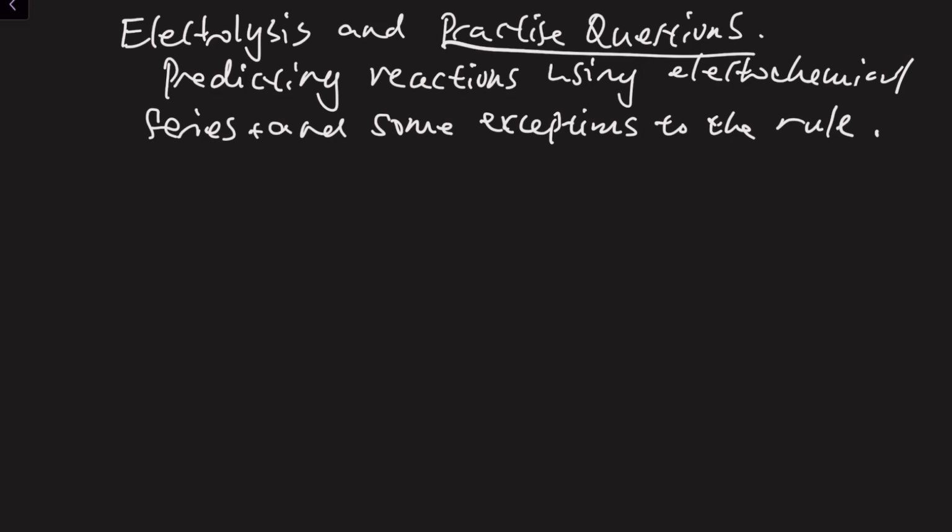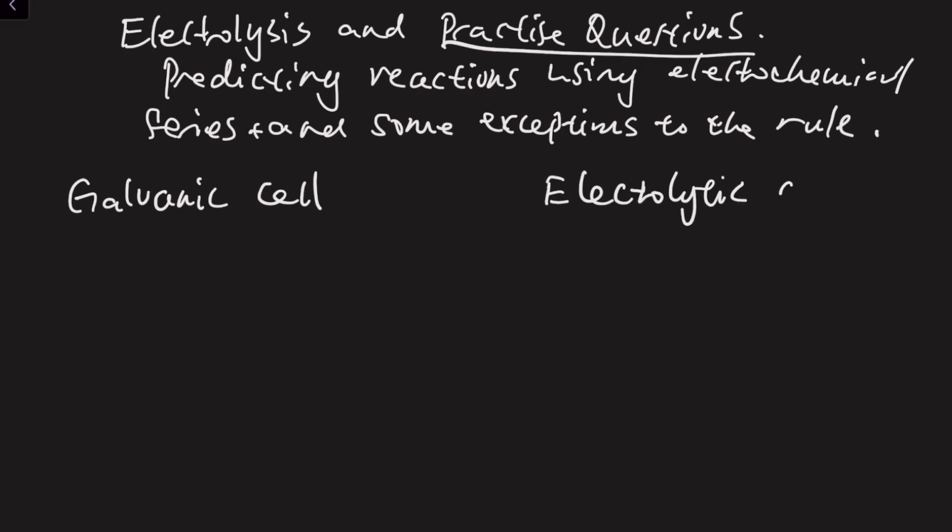So what is the difference between a galvanic cell and an electrolytic cell? Galvanic cell and electrolytic cell. So in a galvanic cell, what we are actually doing is exploiting a spontaneous redox reaction.